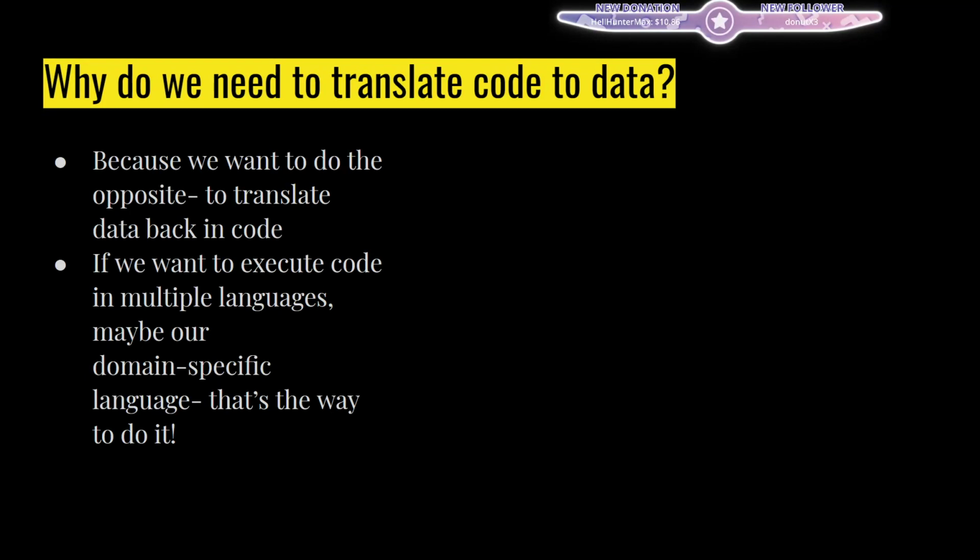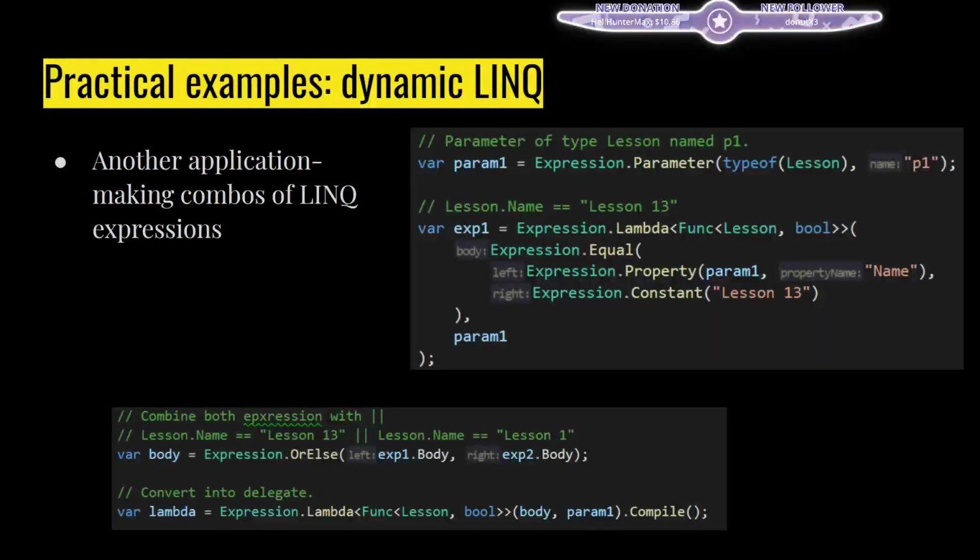And the prime example of such conversion is, what if you need LINQ? LINQ is language integrated query. It is like a language of its own. So we can take code, put it in expressions, and have dynamic LINQ using expression trees. So here, let's say we have a simple expression, a parameter that goes to LINQ.